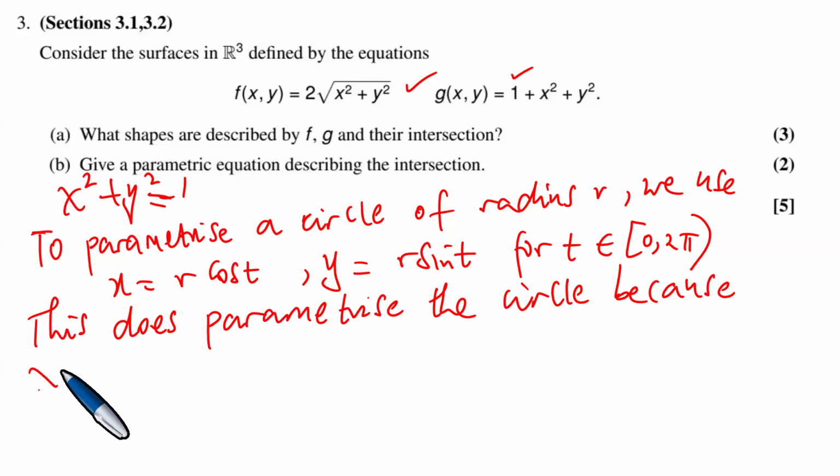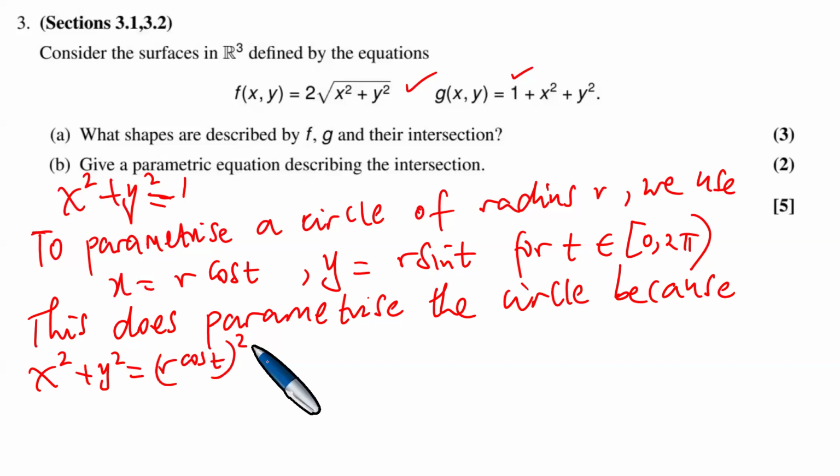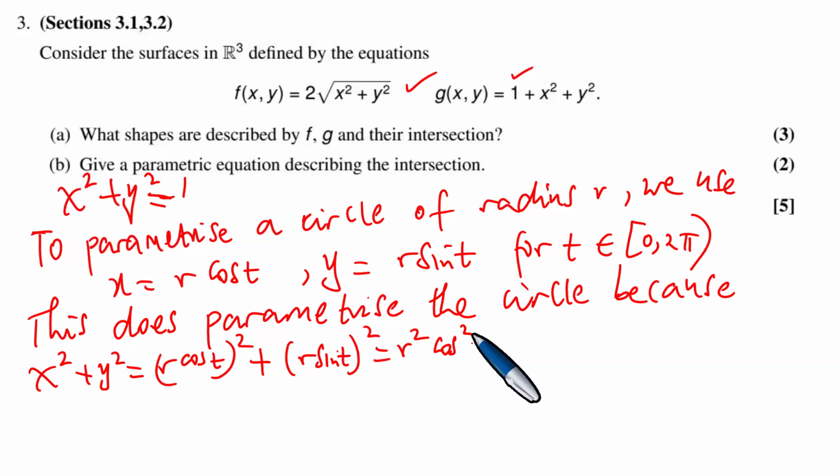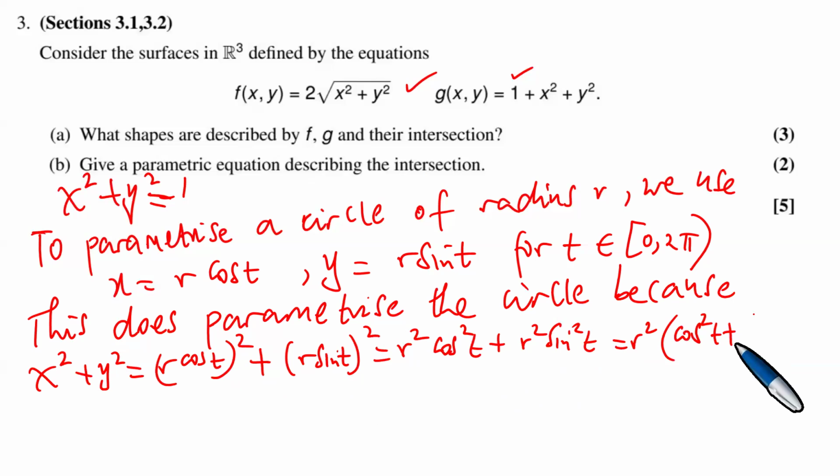It does because x squared plus y squared is equal to what? We square x, so it becomes r squared cosine squared t plus r squared sine squared t, which is r squared times (cosine squared t plus sine squared t), and this is r squared.